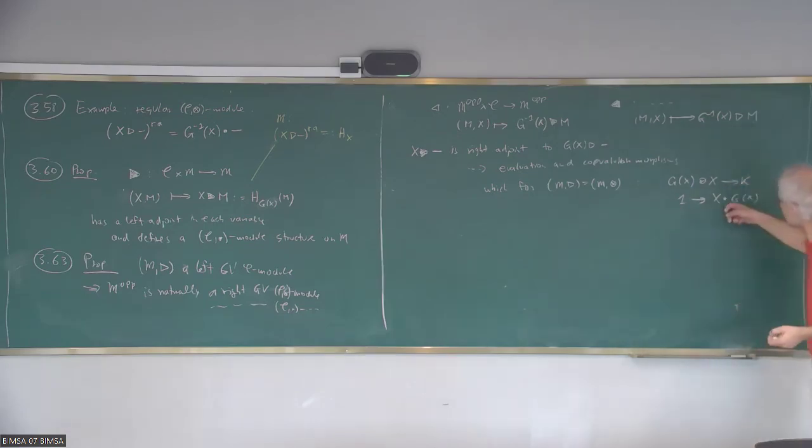Once in the codomain, we use the block tensor product and use the unit for the block tensor product.